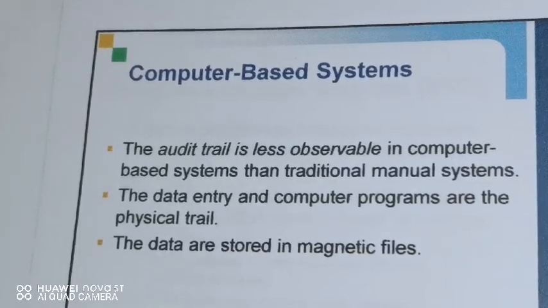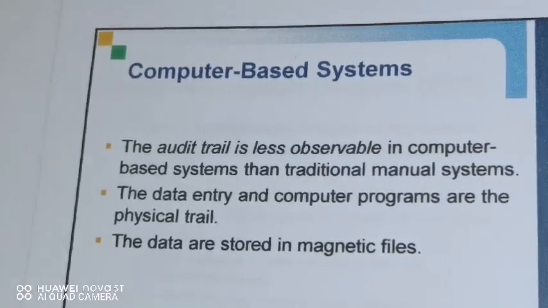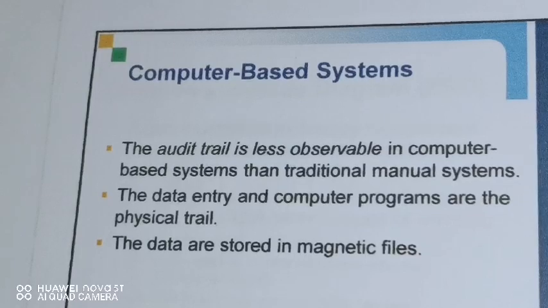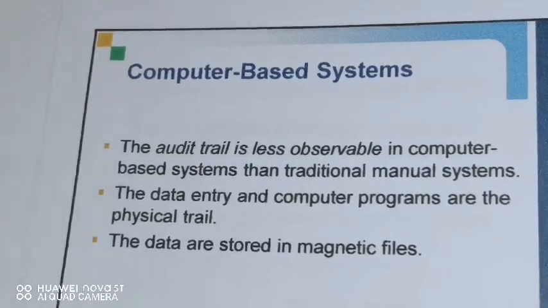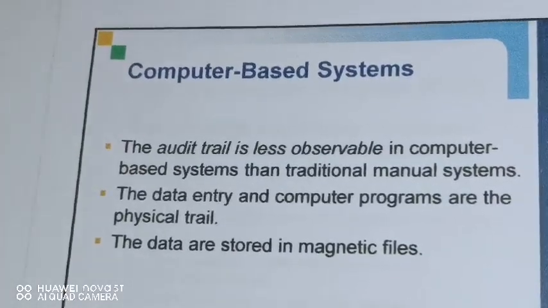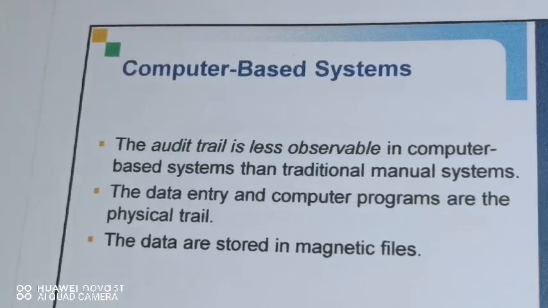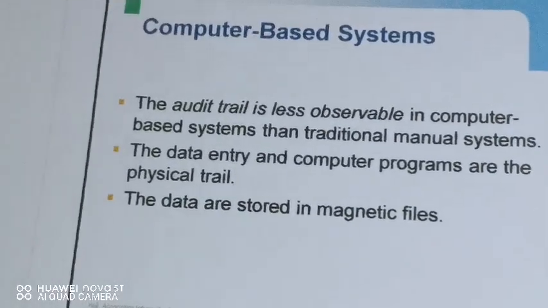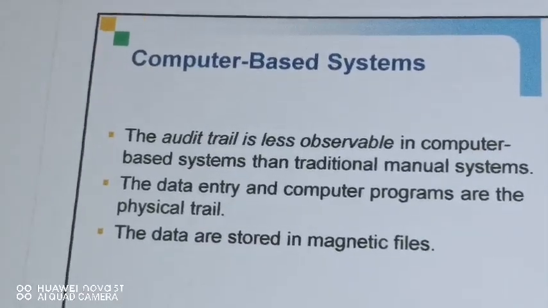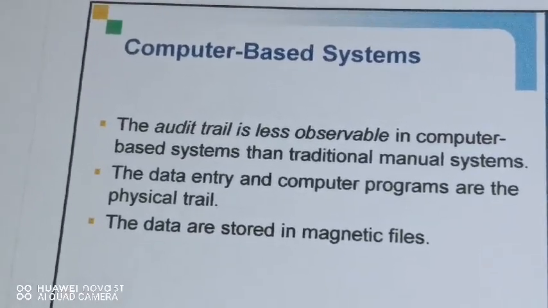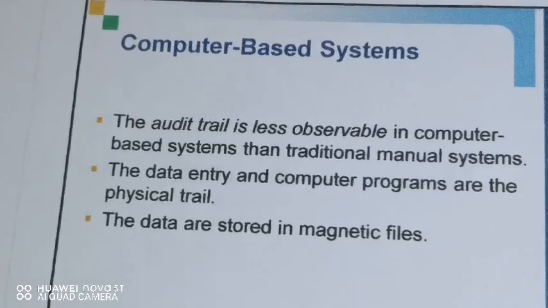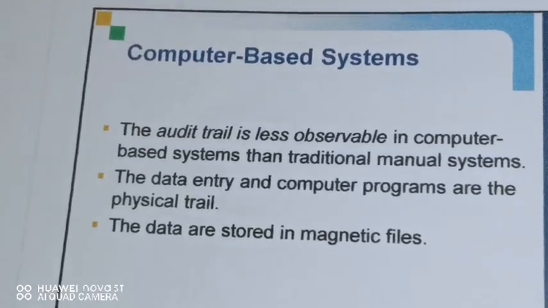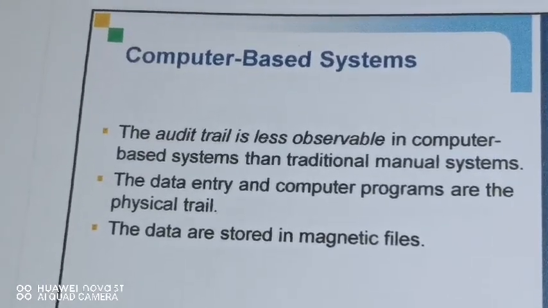Okay? So, the data entry and computer programs are the physical trail. So, ano ang kailangan mong i-audit dito? The data entry and the computer programs. Data entry is the input of data into the system. And then the computer programs, ito yung nagpoproseso ng mga data na yon para maging report.